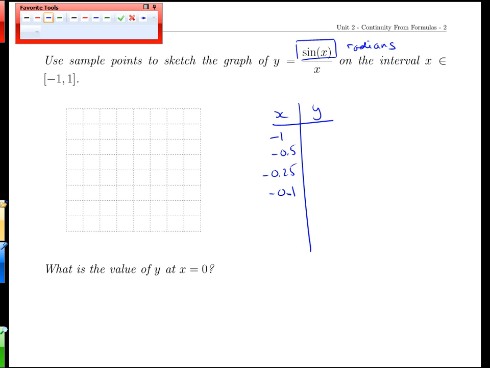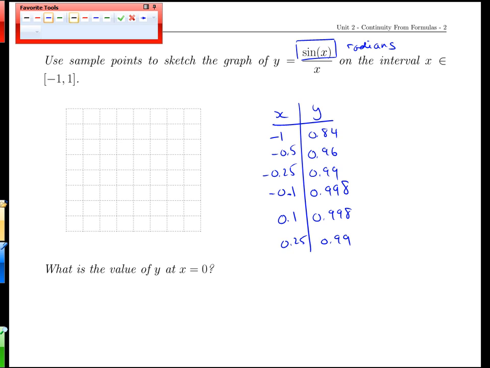So if we plug in values in this range here, you're going to get numbers back, again, if you're in radians, that look like this, rounded off to 2 digits. When we get this close, we get 0.998. And the nice thing that we see is if we go to x values that are positive, we actually get the same sign back.